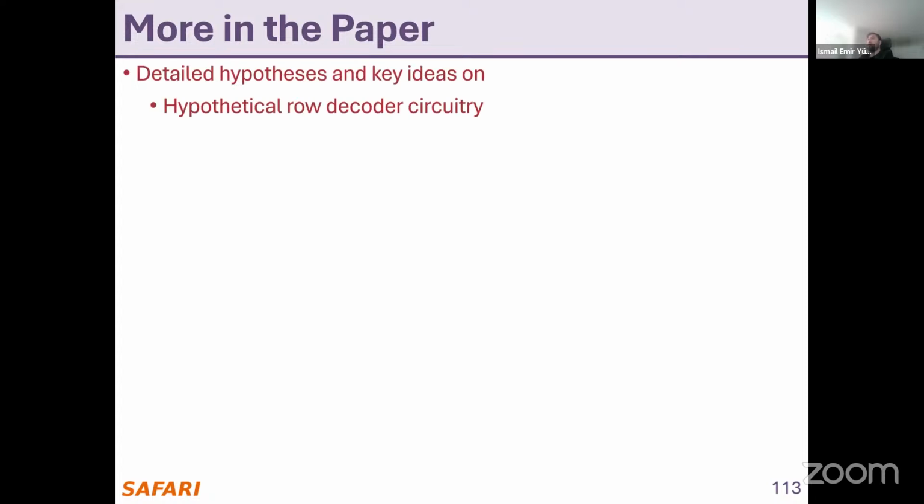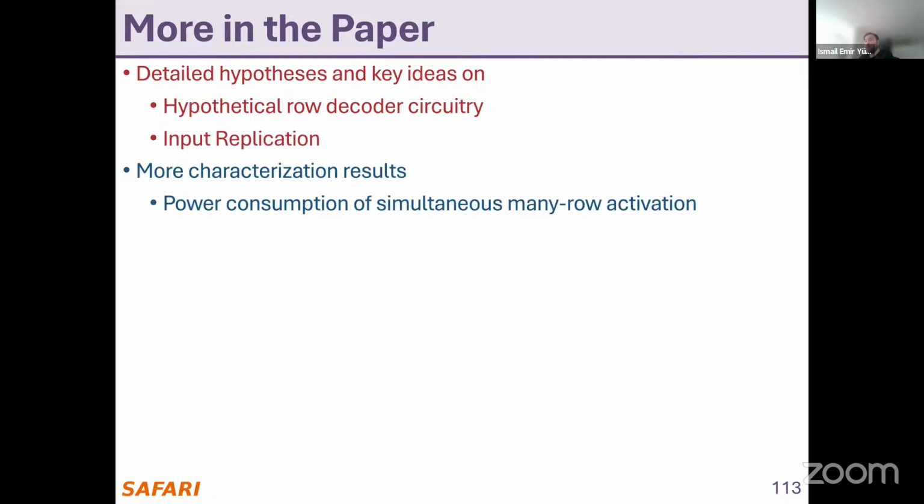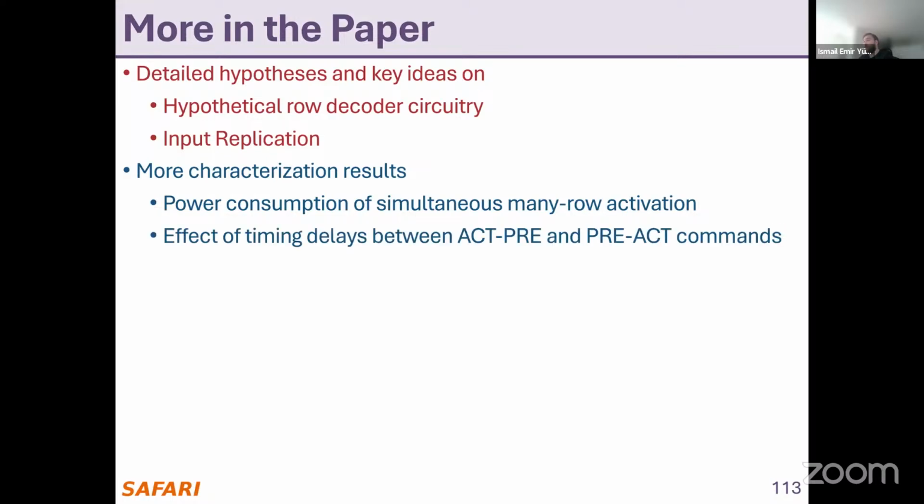And in the paper, you can find more details: hypotheses on the key ideas on hypothetical row decoder circuitry, input replication, and more characterization results for power consumption of simultaneous multiple row activation, the effect of timing delays between activate and precharge and activate commands, and the effect of temperature and word line voltages.